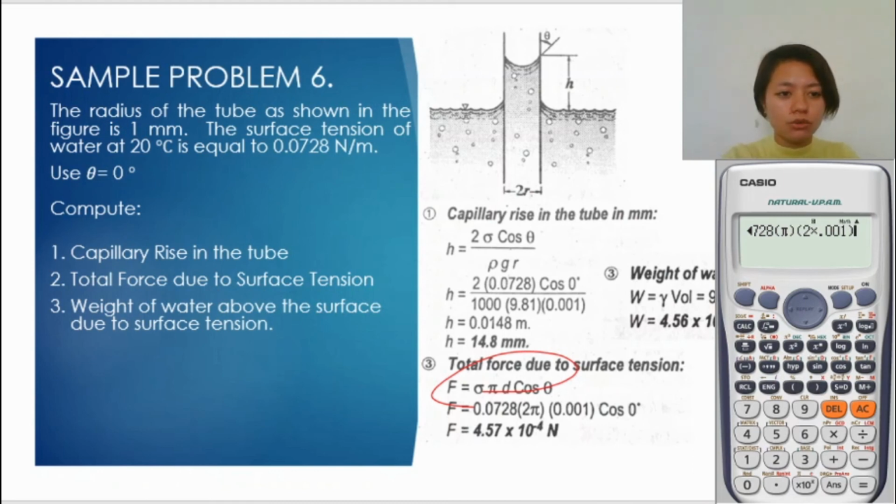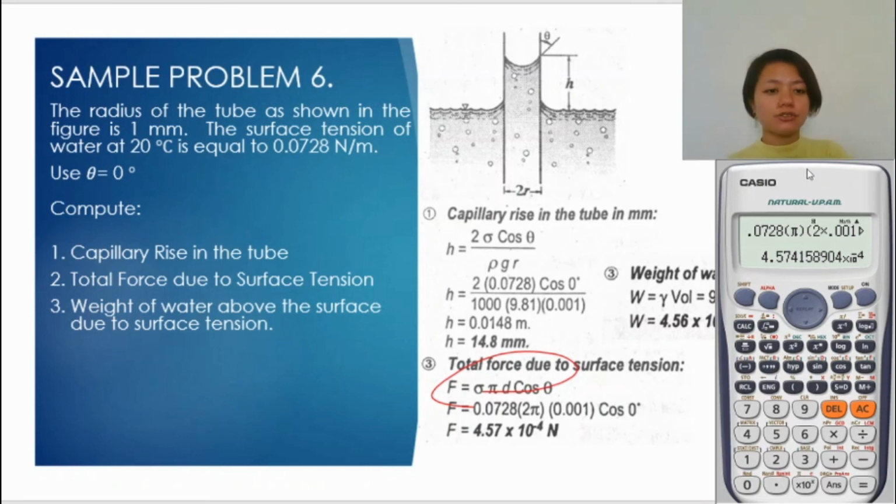So 2 times 0.001. Then cos 0. Be careful with the wetting angle, since cos theta has a different value for 0. So we have 4.57 times 10 to the negative 4 Newton total force due to surface tension.